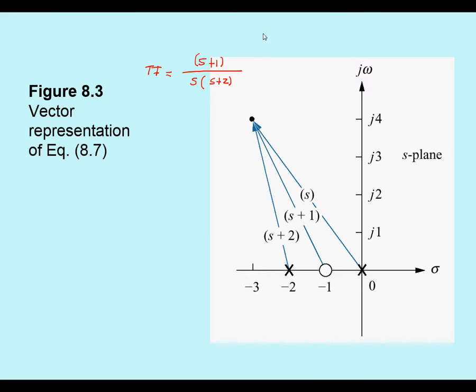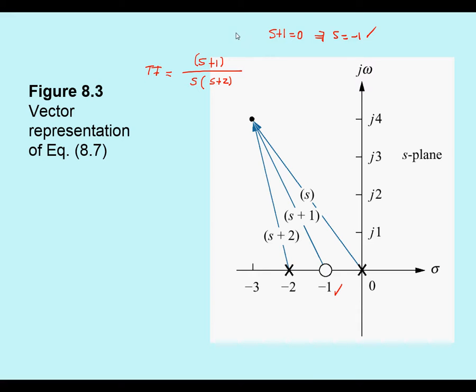From here, if you set S plus 1 equals to 0, then it follows that S is -1, you see? This one corresponds with this.